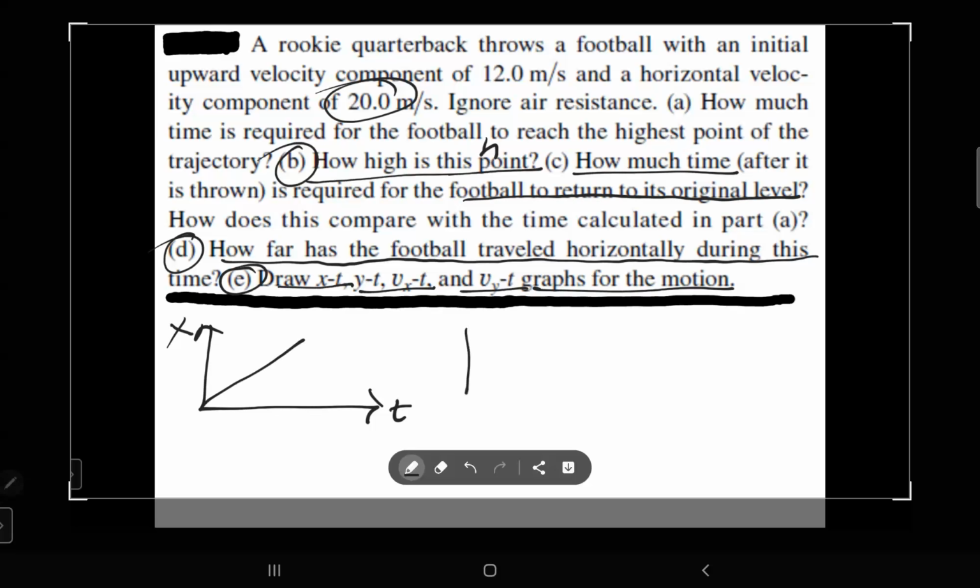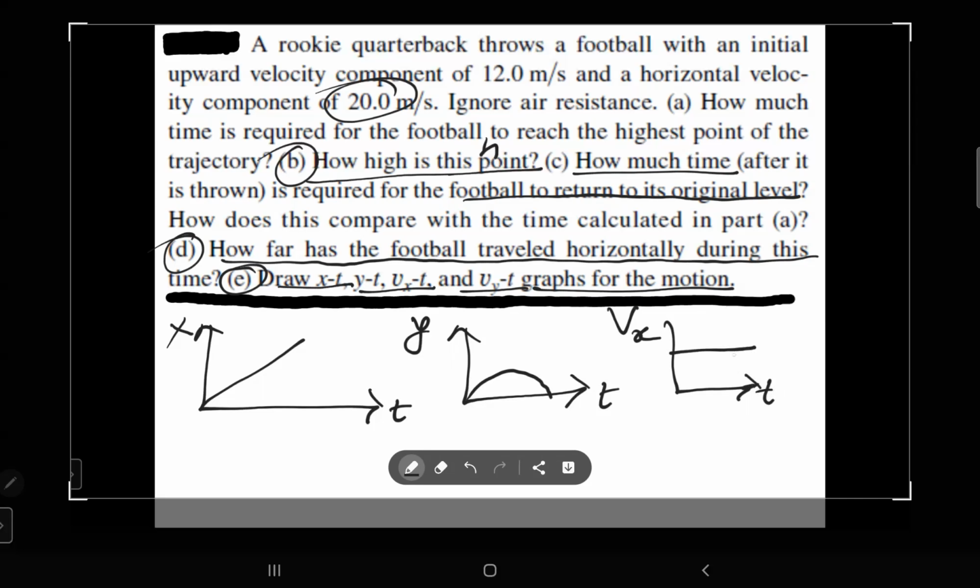And for y versus t, it is a projectile, right? This is the projectile motion, showing the change in position in the y direction of the projectile. Similarly, if you put the velocity along the y-axis and the time along the x-axis, then you will get a line which is parallel to the t-axis.